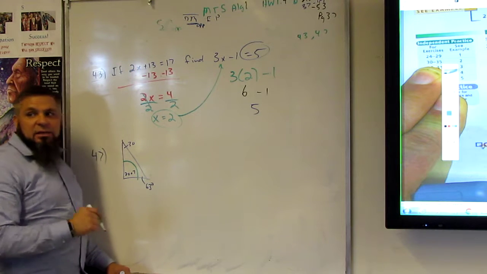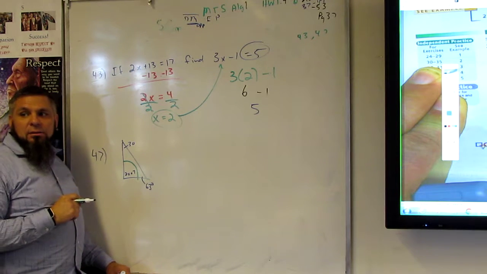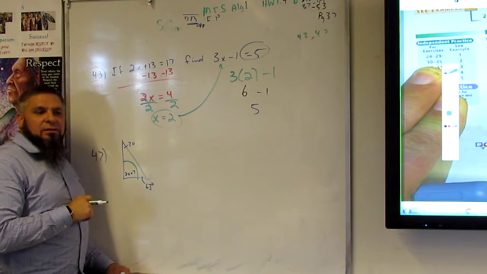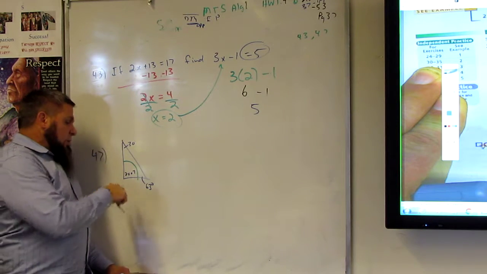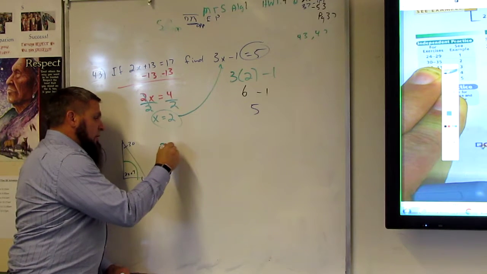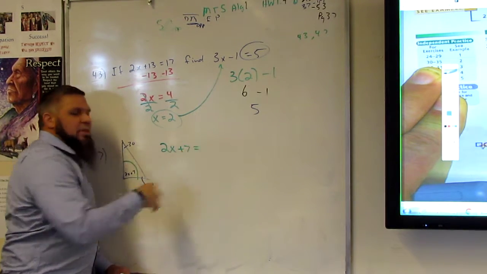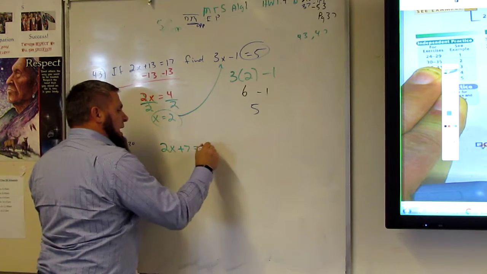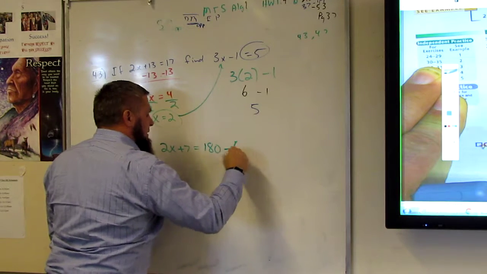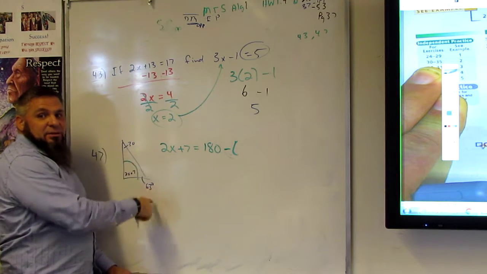No, it's not 90. If all 3 of them add to be 180, then wouldn't this angle, 2x plus 7, equal 180 minus these 2 angles?